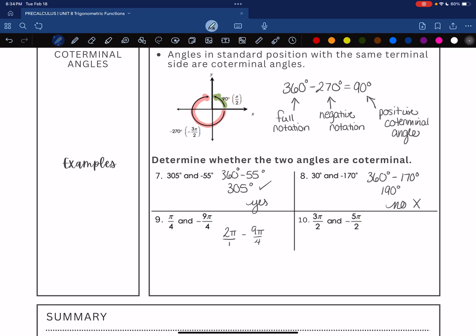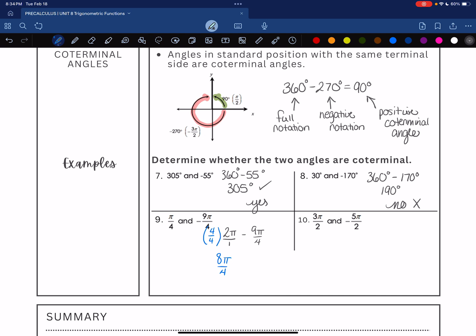So I can multiply top and bottom by 4, so that what I'm working with is 8 pi over 4, which simplifies to 2 pi.